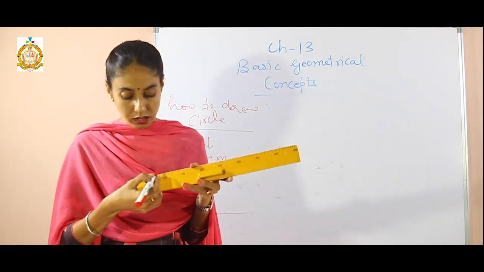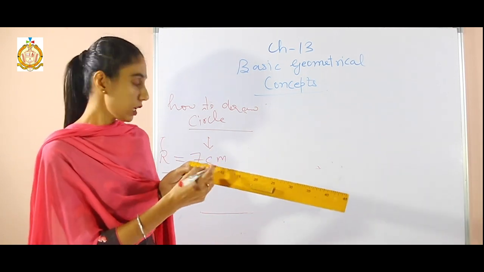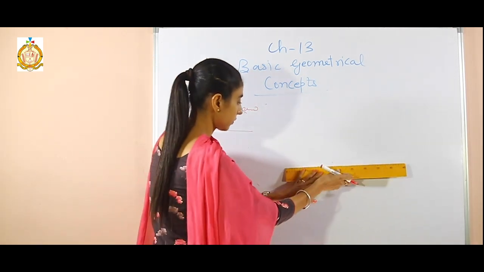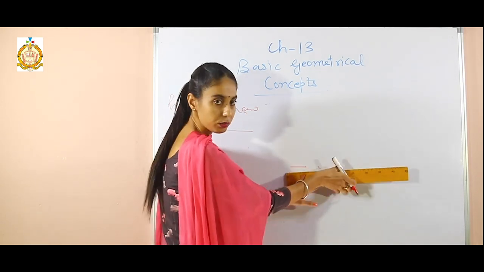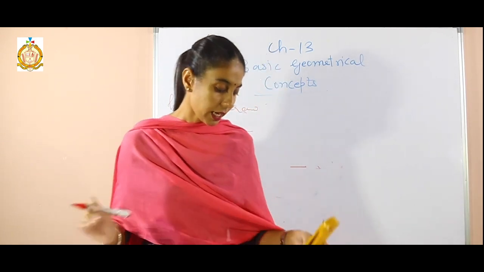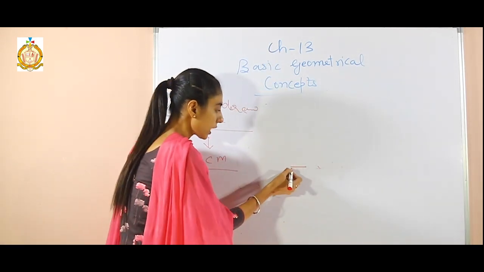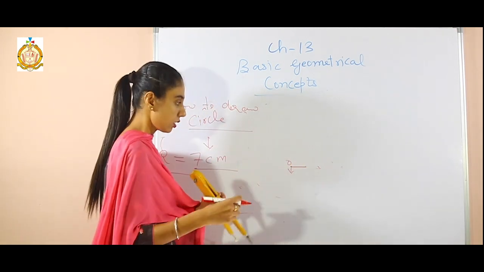You will draw a line of 7 centimeters with the help of a scale. Then take the compass and take one point as the center.